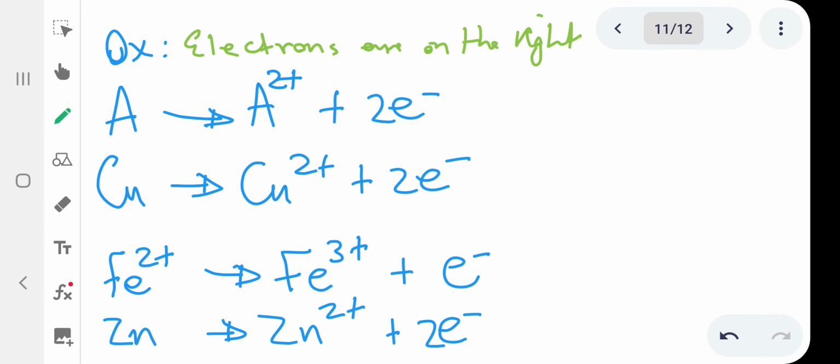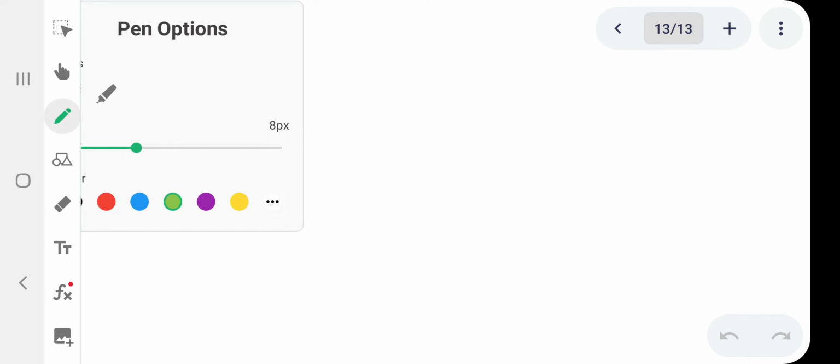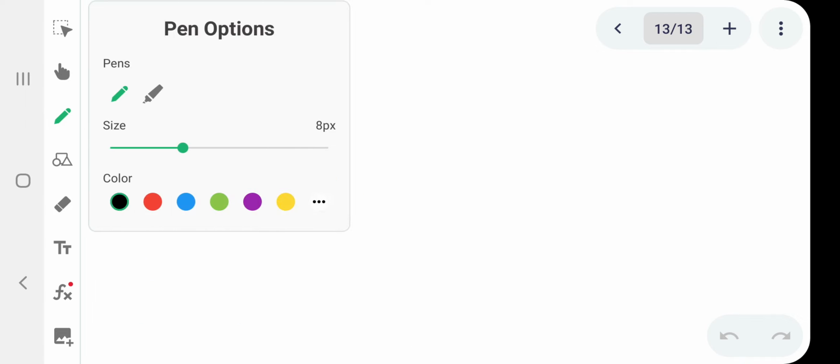So let's talk about reducing and oxidizing agents. The reducing agent is the substance that undergoes oxidation, so it causes the other substance to be reduced.